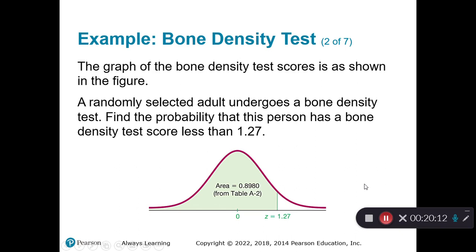Here is the distribution for those bone density test results. And here is the question that is being posed. A randomly selected adult undergoes a bone density test, and we want to find the probability that this person has a bone density test score less than 1.27.